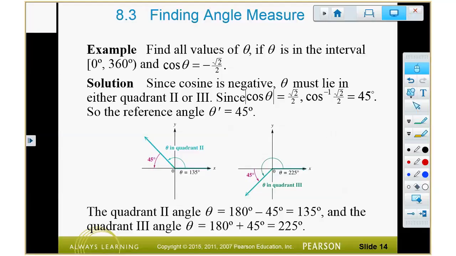They want to know where the cosine of theta is equal to negative square root of 2 over 2. Before you even start, figure out where this is. There you go, that's one way to do it. She's using all students take calculus. What's another way to do it?